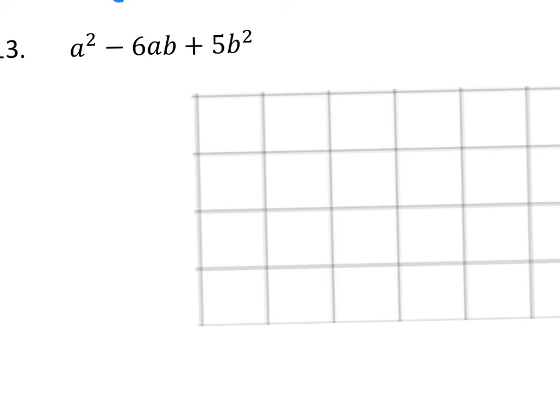And so our factorization is a squared minus 6ab plus 5b squared equals a minus b times a minus 5b. And hopefully by now you're getting the hang of this, but if not, be sure and ask questions.